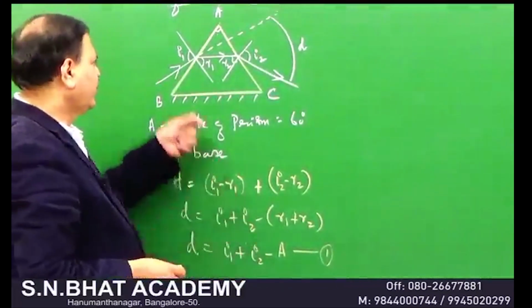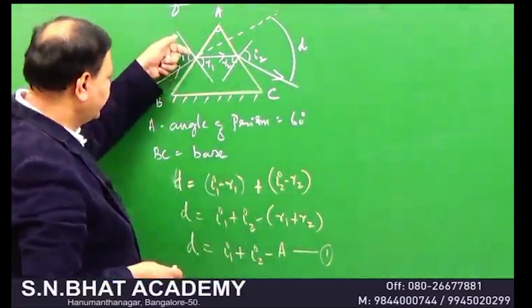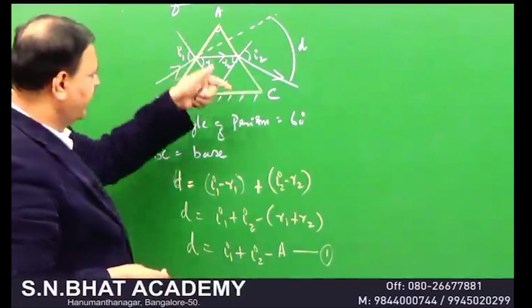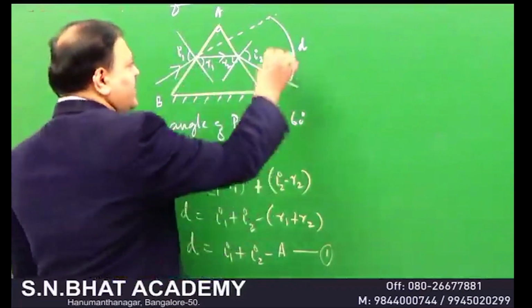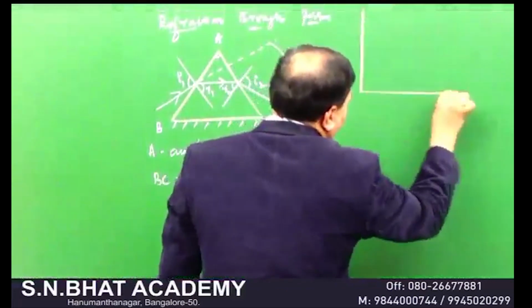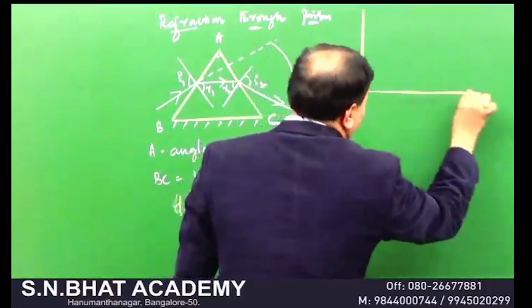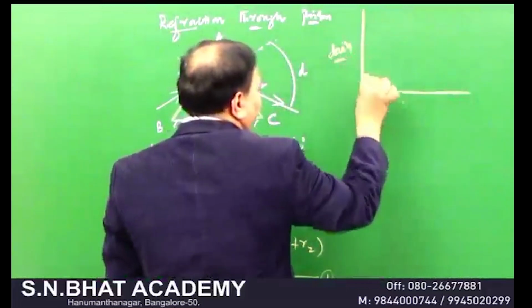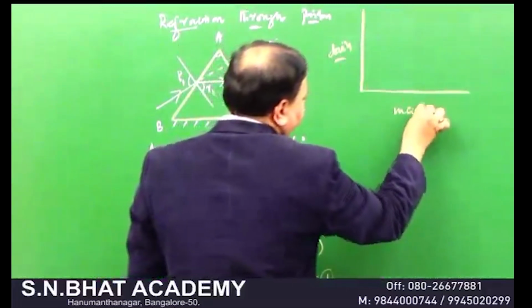Now what we do is increase the angle of incidence: 0 degree, 10 degree, 20 degree, 30 degree. We increase the angle of incidence and calculate the deviation. So we plot a graph of the deviation against the angle of incidence. Here is the deviation and here is the angle of incidence.